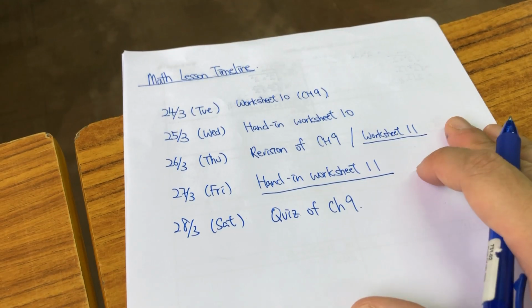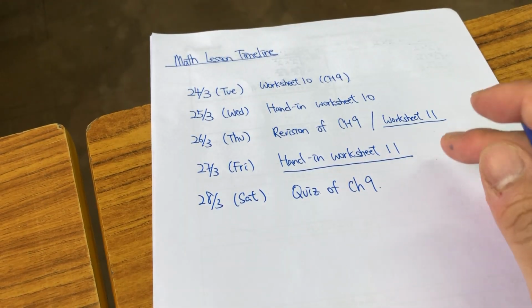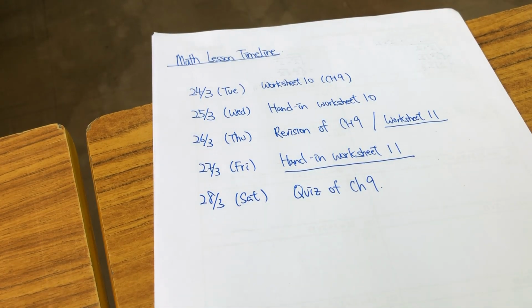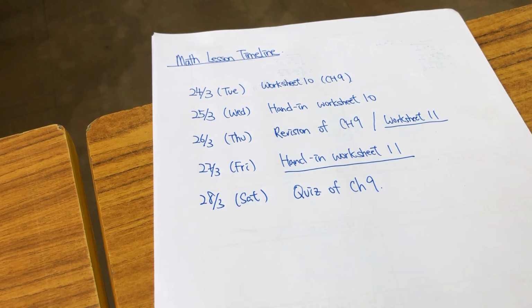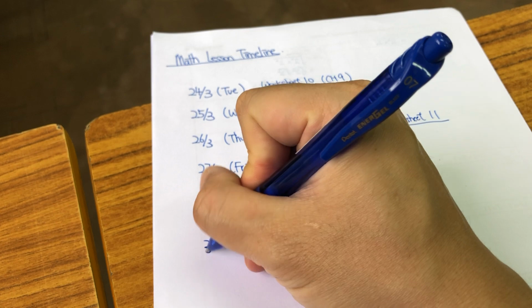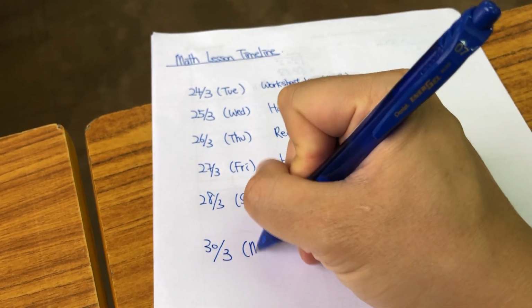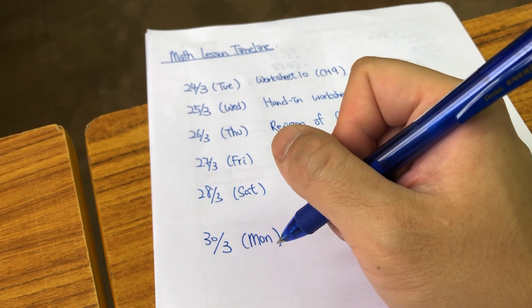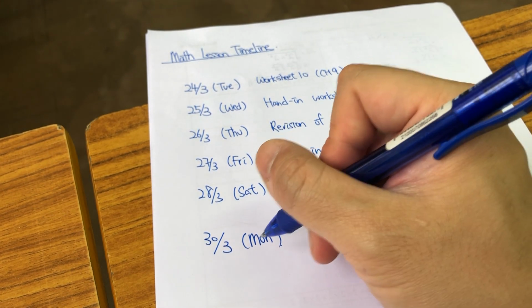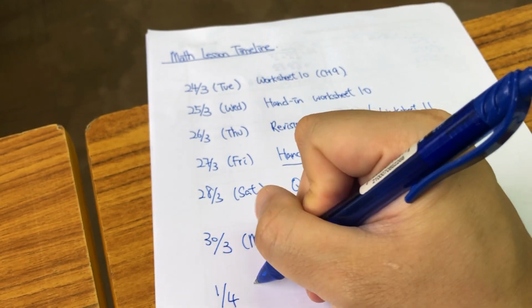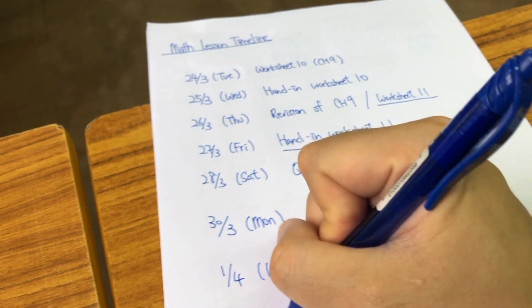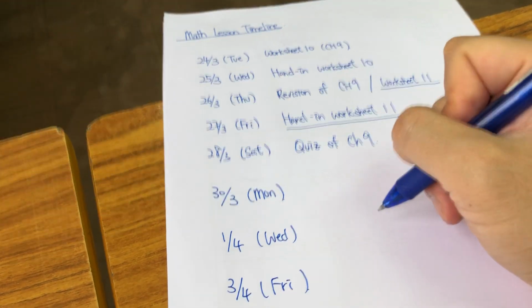So that on Monday, we'll be using a new program. Monday should be the 30th of March. Instead of Monday only, we will be doing this lesson regularly, on Monday, Wednesday and also Friday.